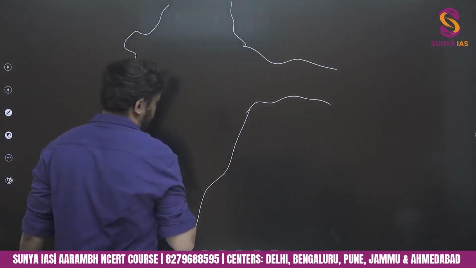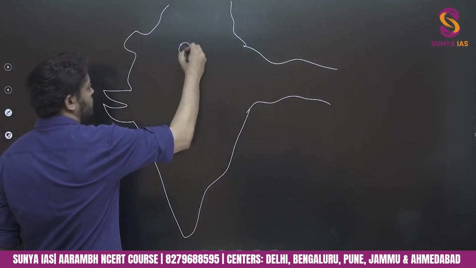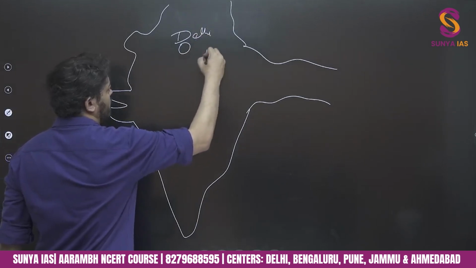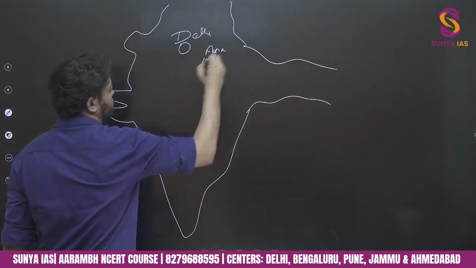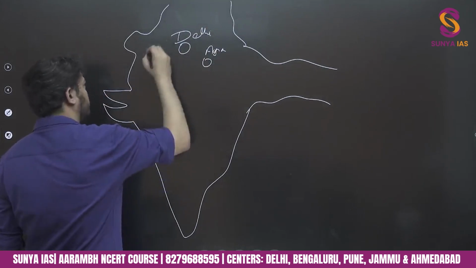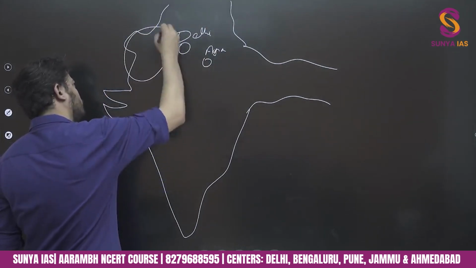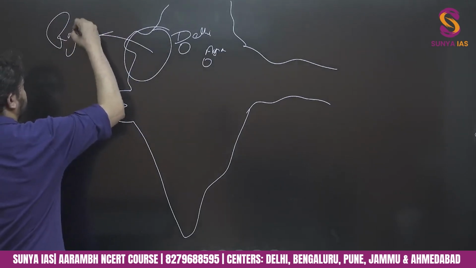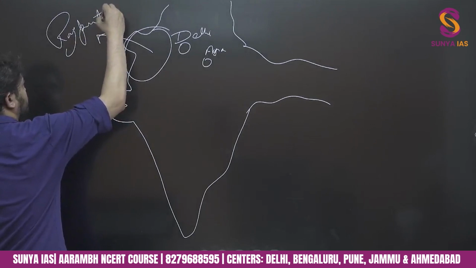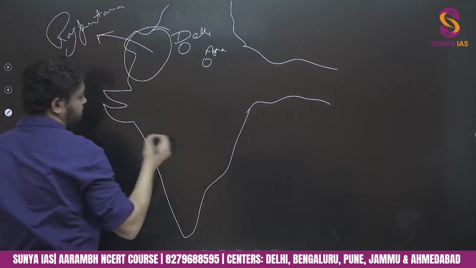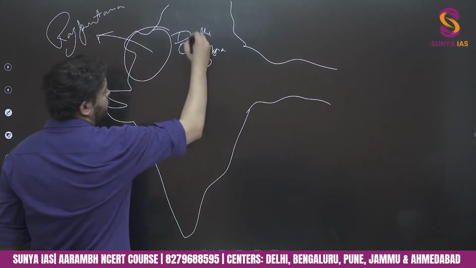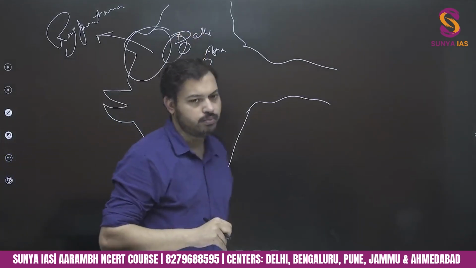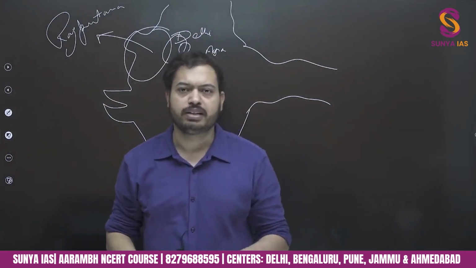So understand now. Suppose this is your Delhi and this is your Agra. In the 18th century, for the Mughals, these are the most important. Now this is the region of Rajputana. In between here, between Rajputana and Delhi, you will find the Jats.